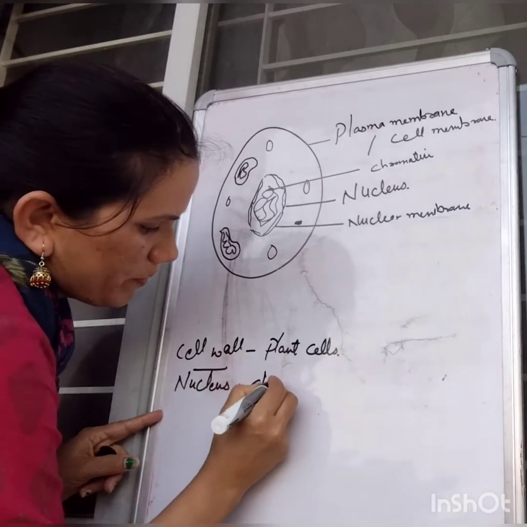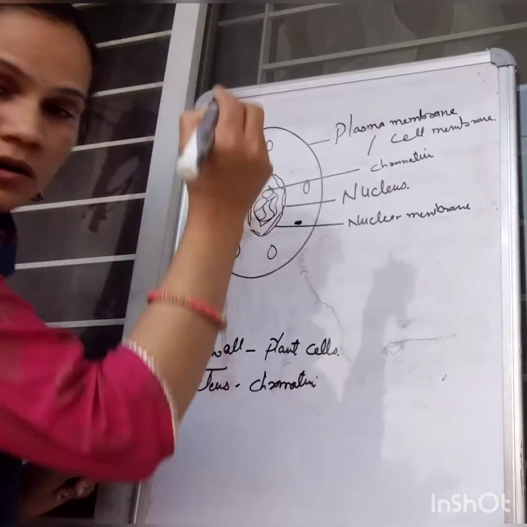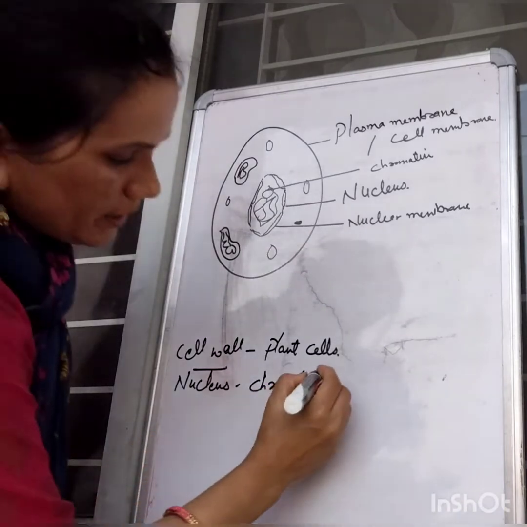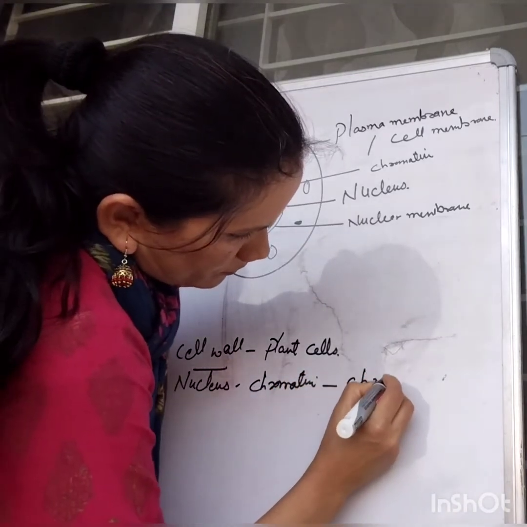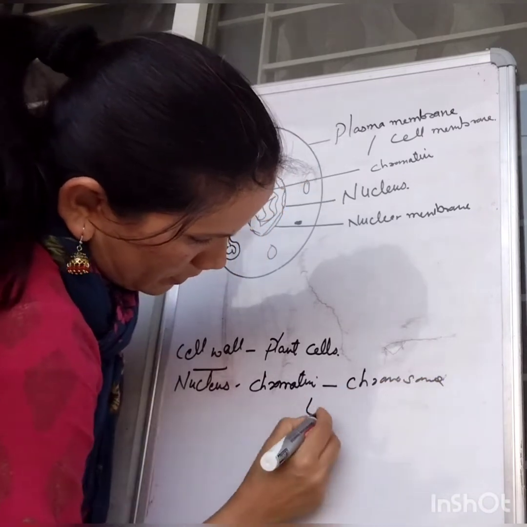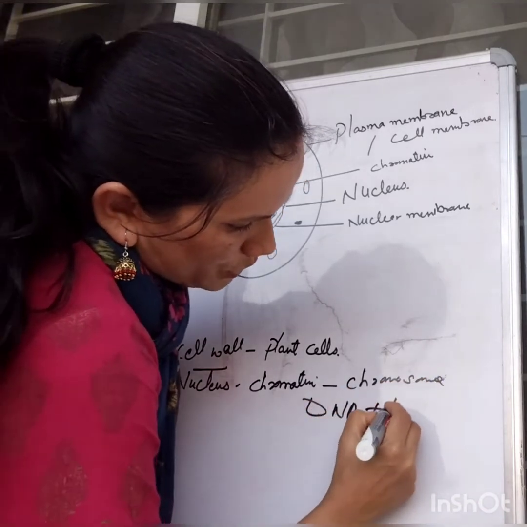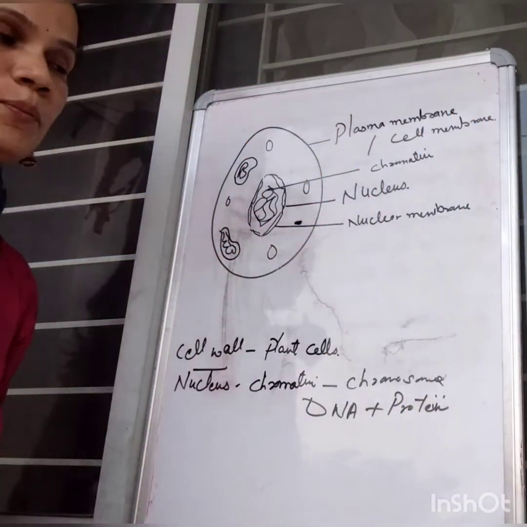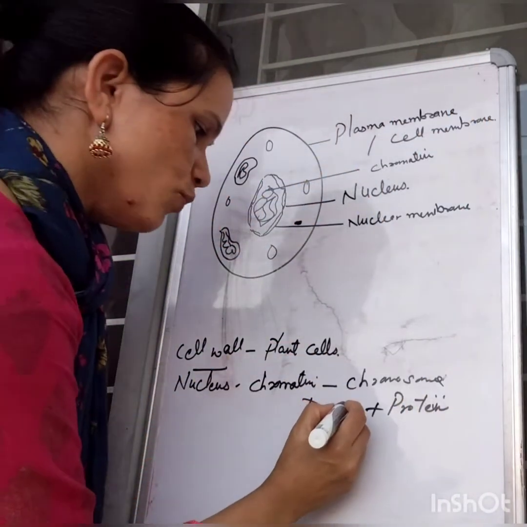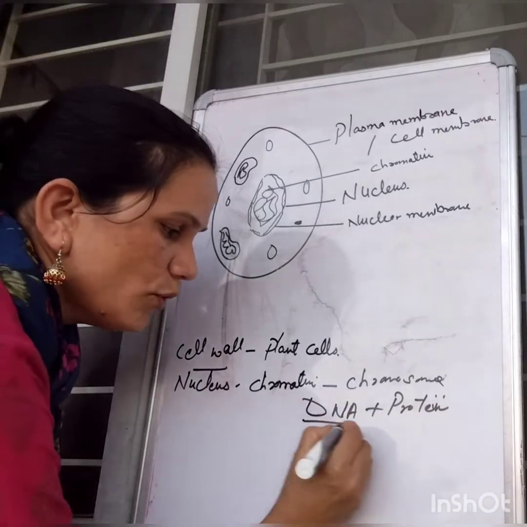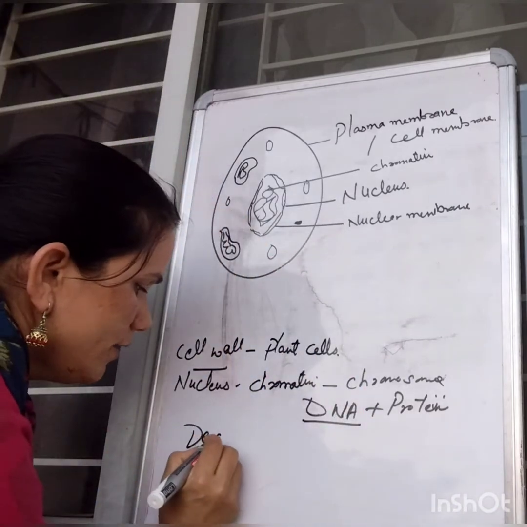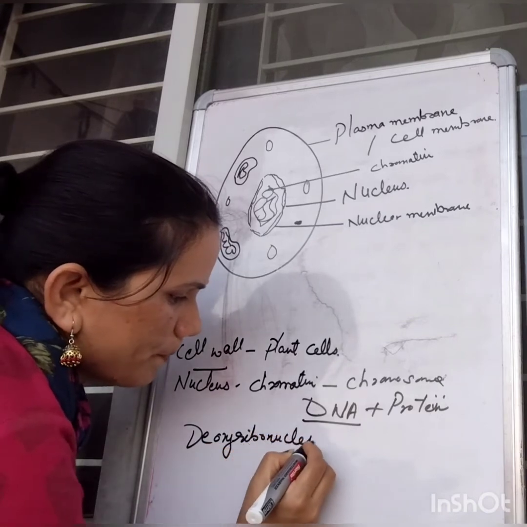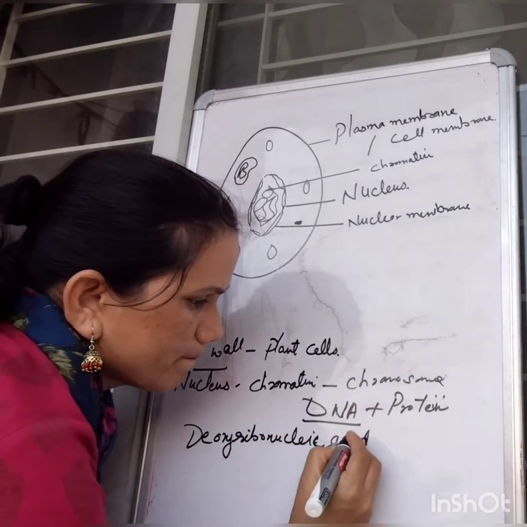The nucleus contains chromatin, which comprises chromosomes, DNA plus protein. The full form of DNA is deoxyribonucleic acid.